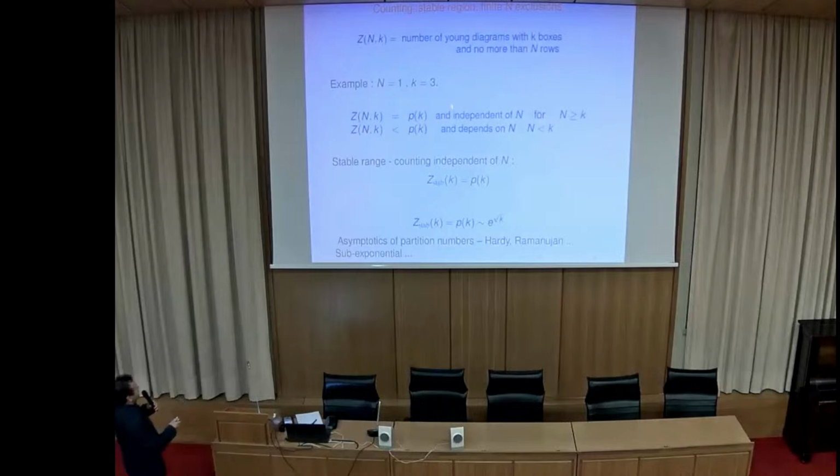The counting is given by the partitions of K. K is the energy. And this is independent of N as long as N is bigger than K. But the counting changes when the size of the matrix is less than K. So there's a full range which goes like counting of partitions, the asymptotics of that like e to the root K, and then this.